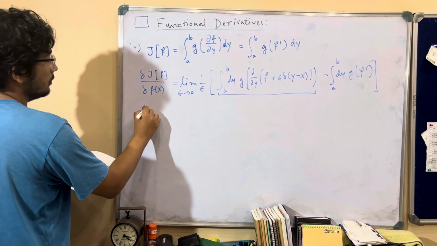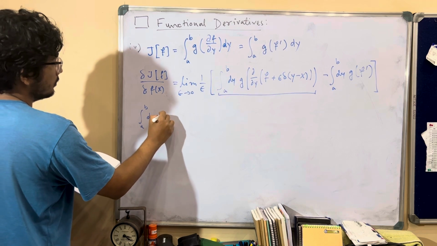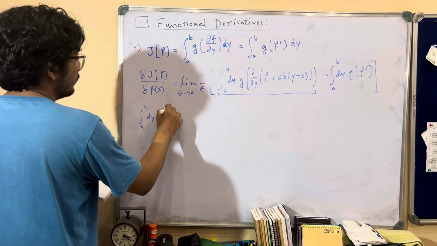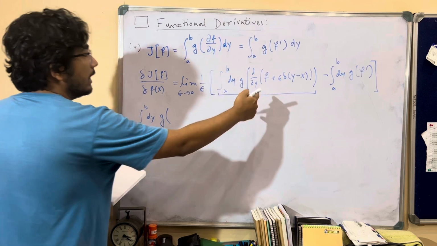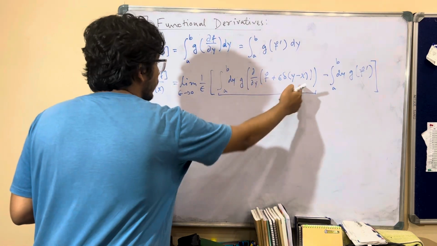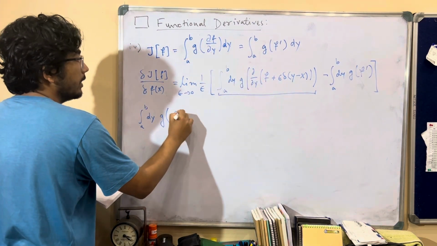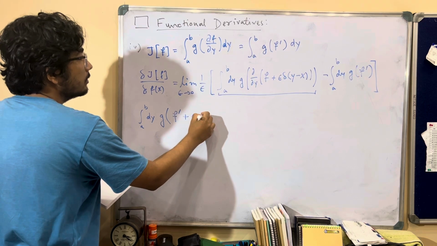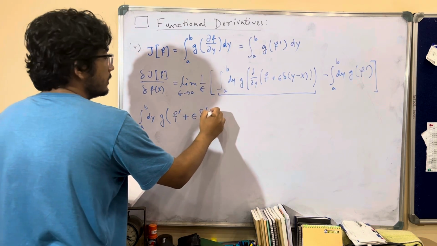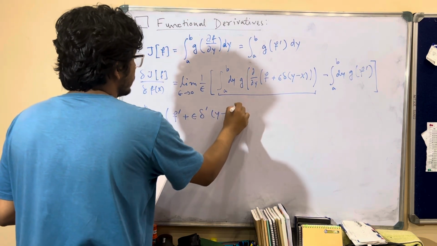This one will be integral dy of g of, if we act del del y on this part, then it will give f prime plus epsilon times delta prime of y minus x.